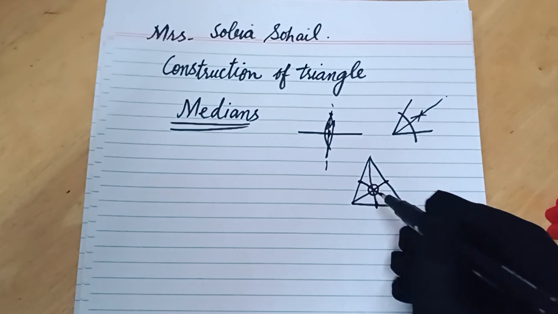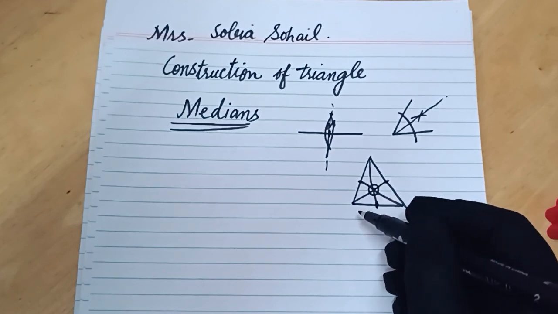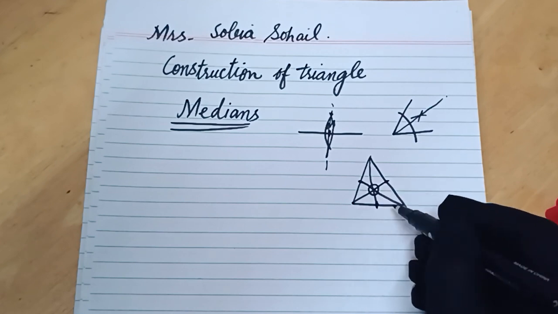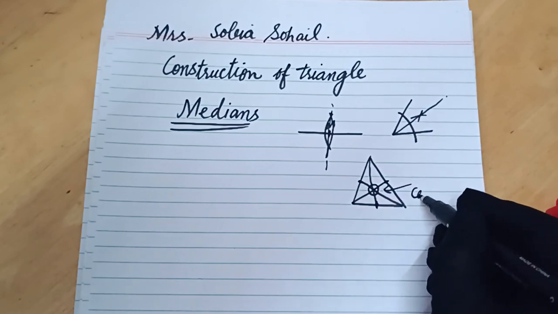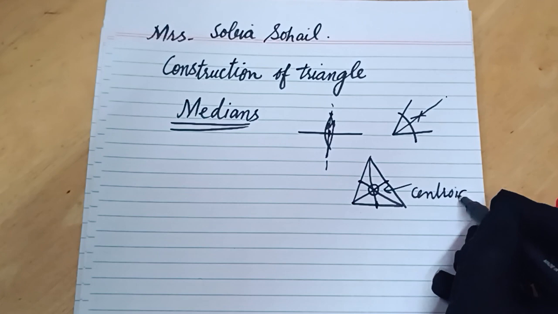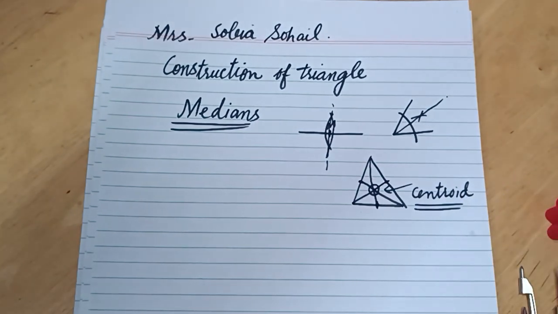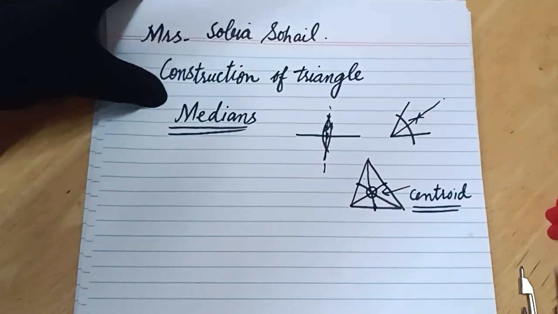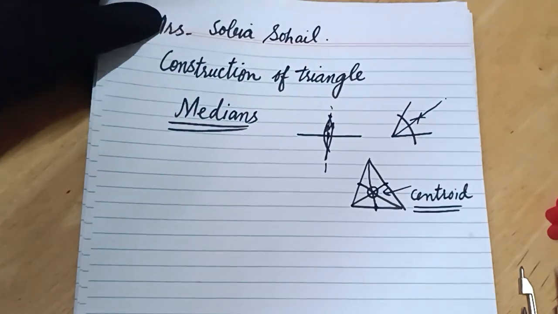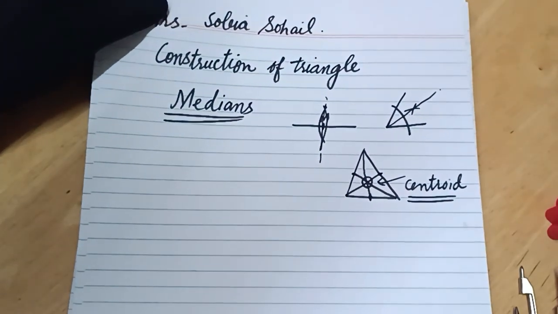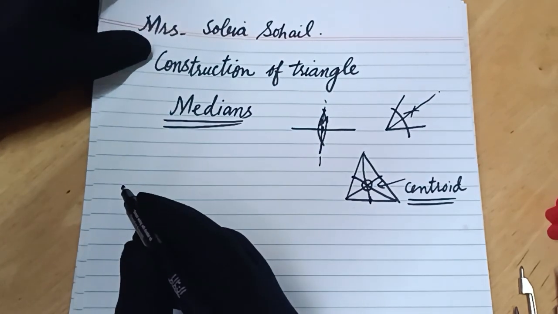This will be the concurrency point of the medians, which is called the centroid. If we are constructing the medians, the point of concurrency is called the centroid in this case.